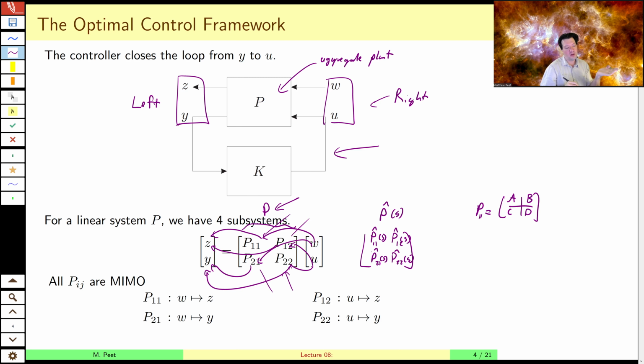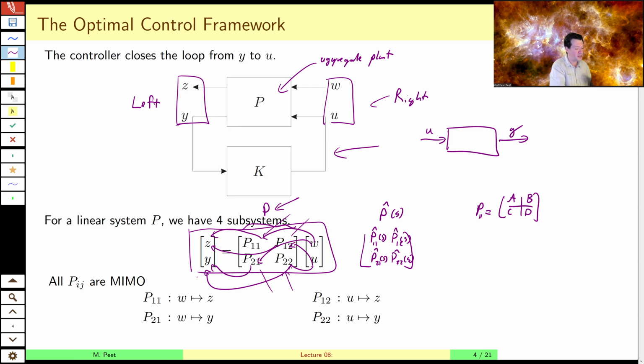This is probably a little bit counterintuitive to people who work with block diagrams quite a bit, where we usually write the inputs on the left and the outputs on the right, and we've been doing that throughout the lecture so far.